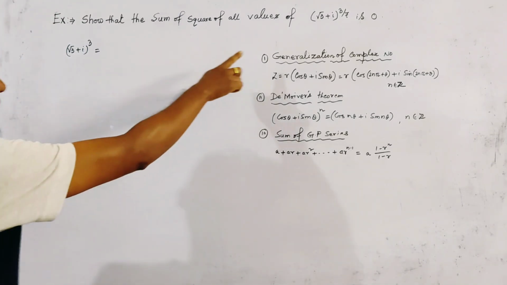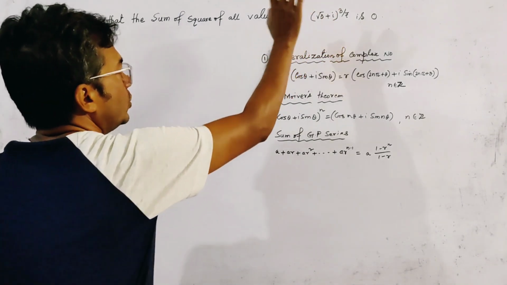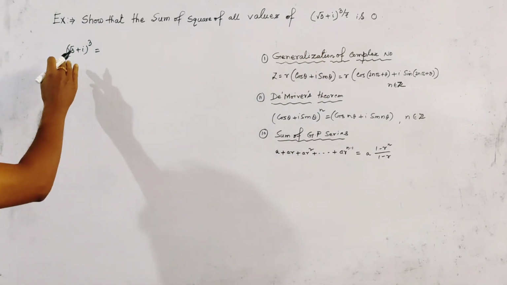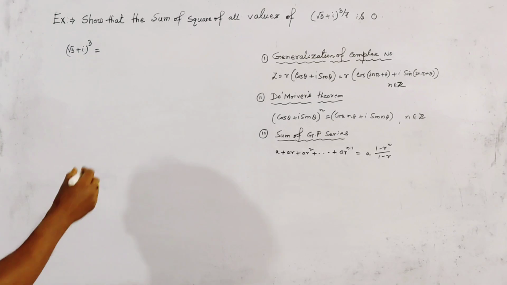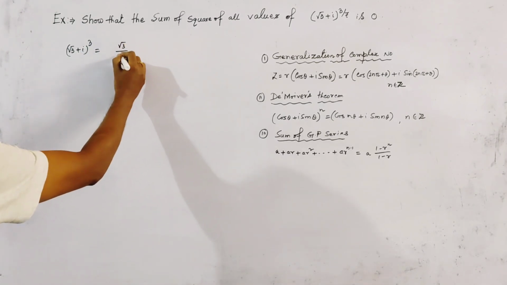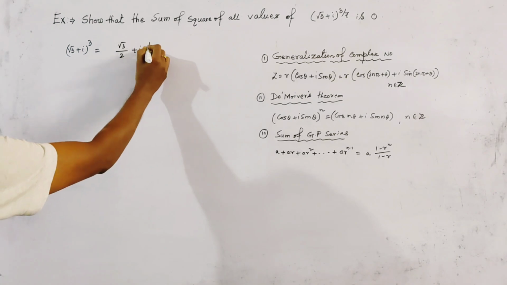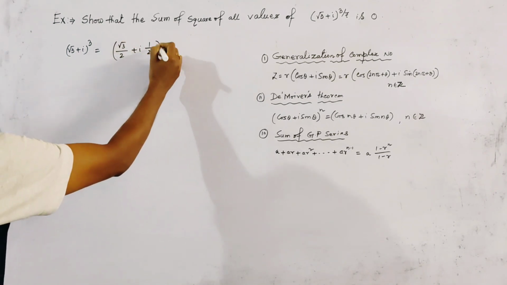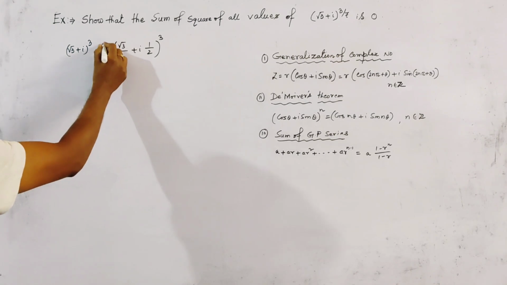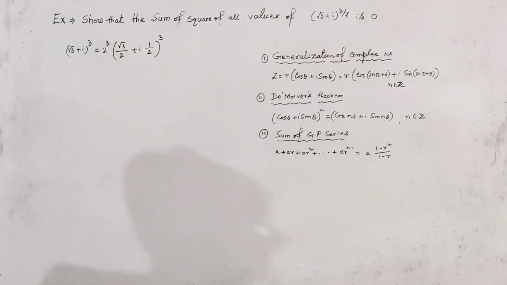Now we first consider (root 3 plus i) whole to the power 3. Okay, and to form it in polar form, we first divide it by 2. That is 2 into (root 3 by 2 plus i into half) whole cube, that is, we have to write here 2 to the power 3, right?